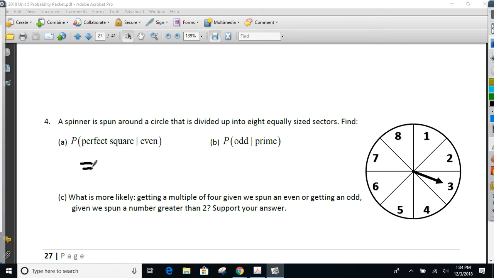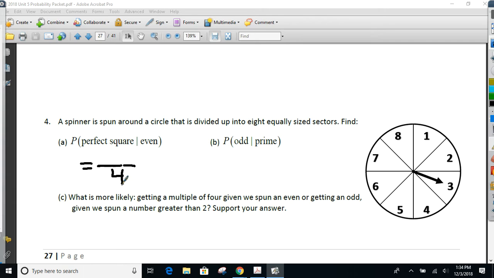So on the bottom, what's already happened? Even. So how many evens do I have there? Because that's my denominator. I have 4: 2, 4, 6, 8. So I have 4 on the bottom. Now on top, how many are perfect squares and even?